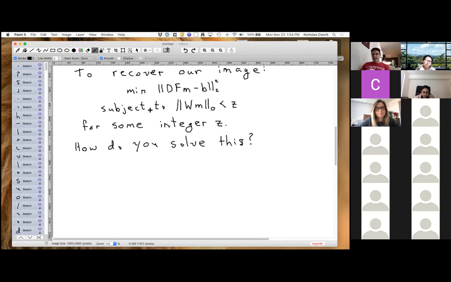First, what if I didn't have this constraint? I just wanted to minimize the norm of DFM minus B. Can we make this 0? It turns out we can, right?